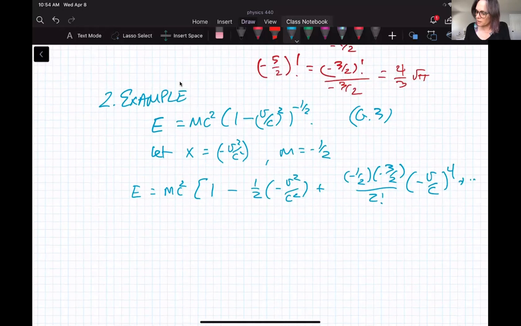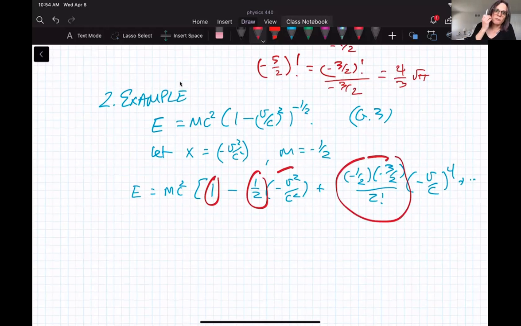So these are these terms, and this is using those fractional factorials.